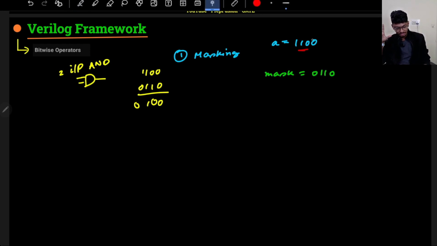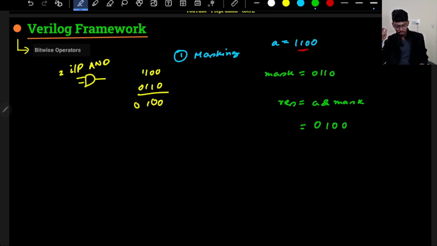So only the information in these two bits will be stored in the result. Result will be A AND mask, so we will get 0100. The two bits have been totally copied over. That is what masking is used for, and you will understand it when you go into the industry.